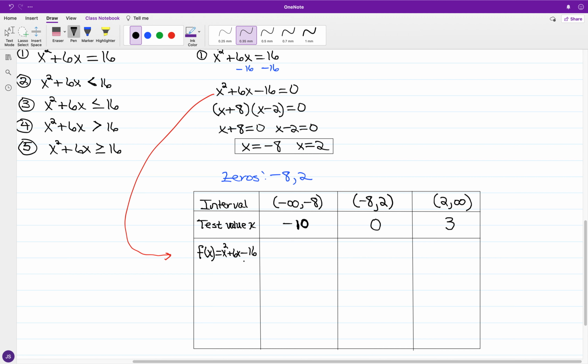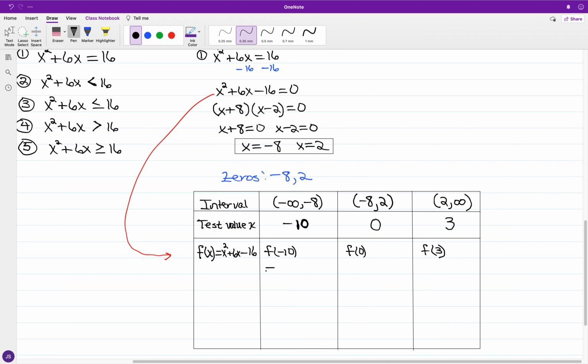Testing out this function, you're looking at your y value, and then you have your input values x. So you have f of -10, f of 0, and also f of 3.